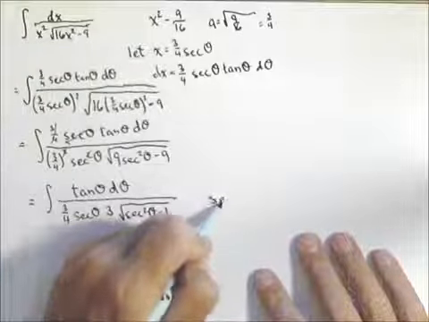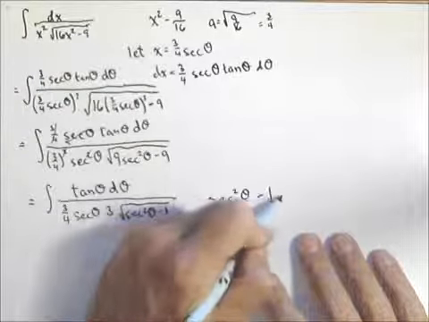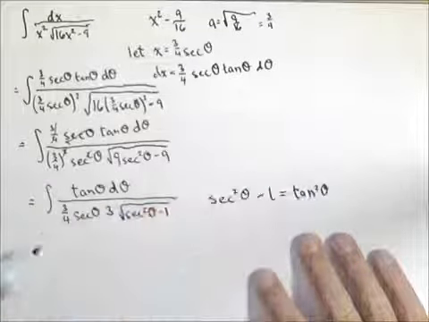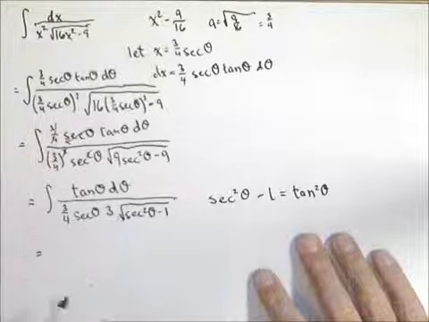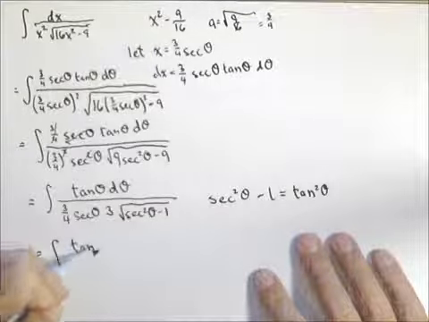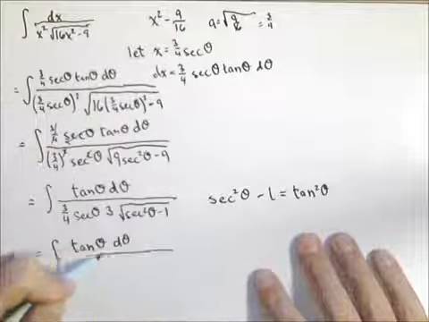Now the reason we do that is by the Pythagorean identity. Secant squared theta minus 1 is equal to tangent squared theta. It's going under a radical, so we have tangent theta d theta all over.